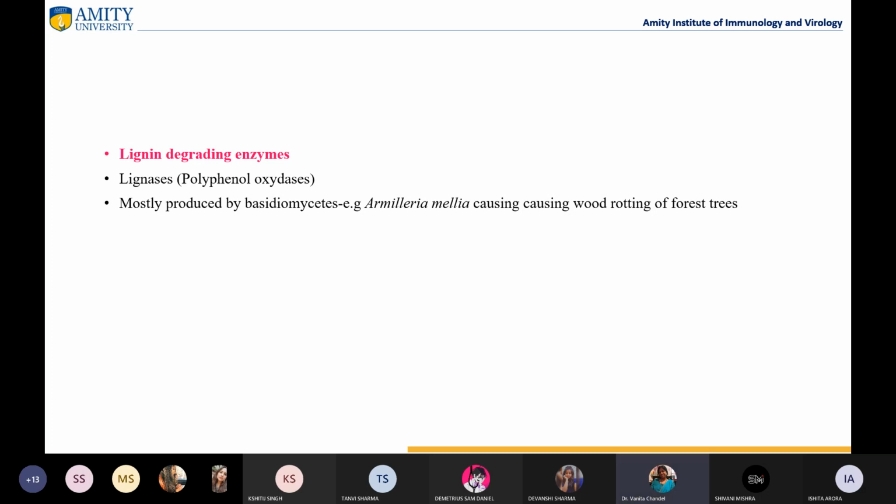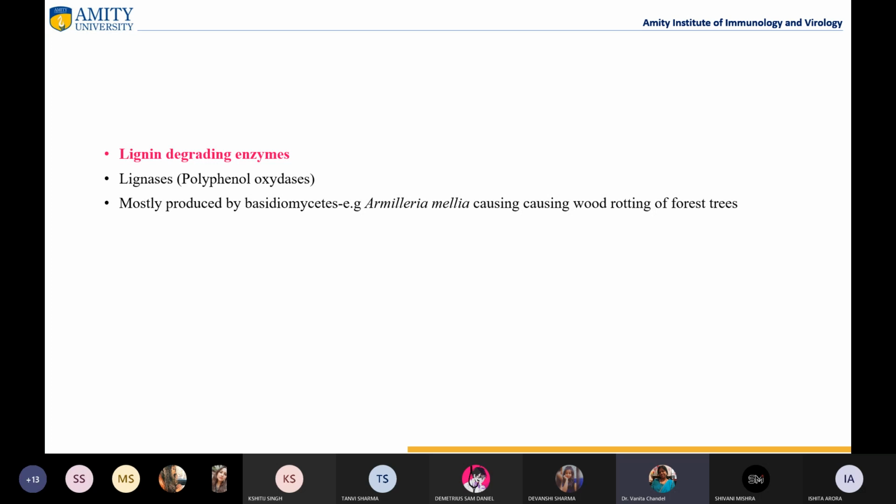To get entry into plants or vegetable crops is still easy. To get entry into forest trees or fruit trees, it is difficult, right? Because their composition is such, the bark is very hard, so it is very difficult for a pathogen, especially fungal or bacterial pathogens, to get entry.